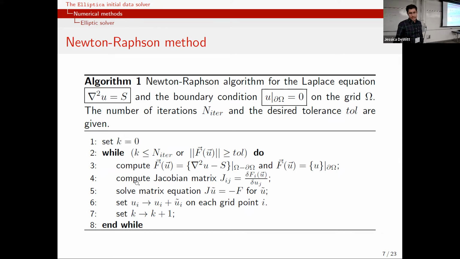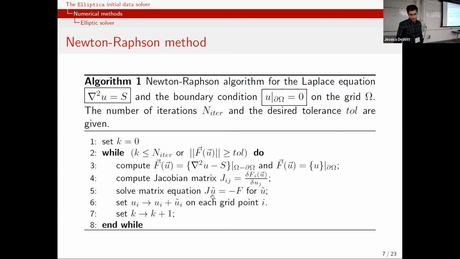Then the next step is to find the functional derivative of this vector f with respect to u at all of the grid points, which means computing the Jacobian matrix. And then you solve this matrix equation, J u tilde equals minus f.